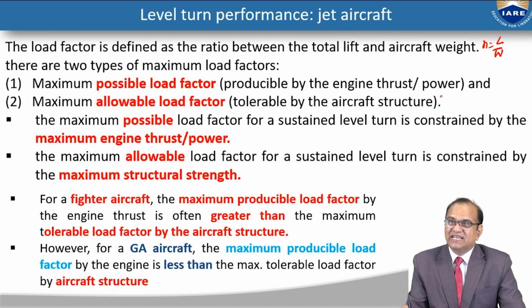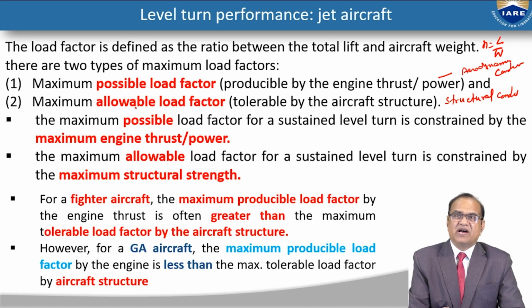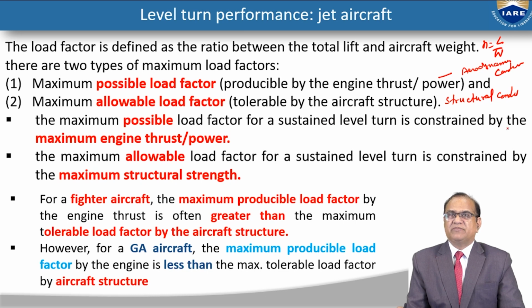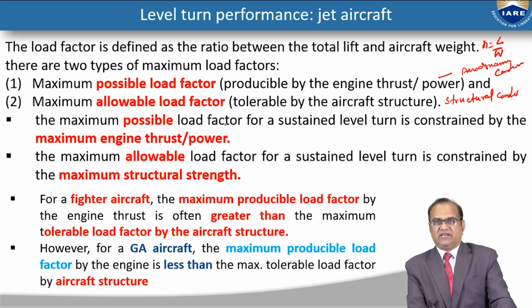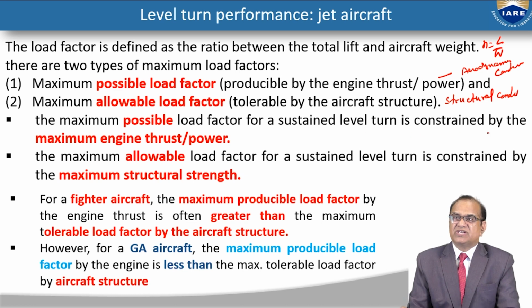So here we can see that this is the structural condition, and this is the aerodynamics or engine propulsion condition. The maximum possible load factor for a sustained level turn is constrained by the maximum engine thrust and the power.